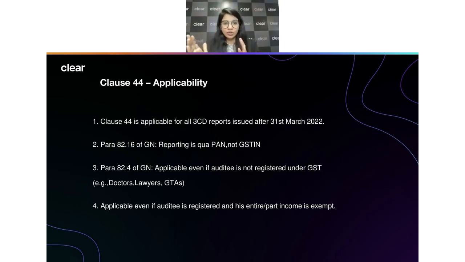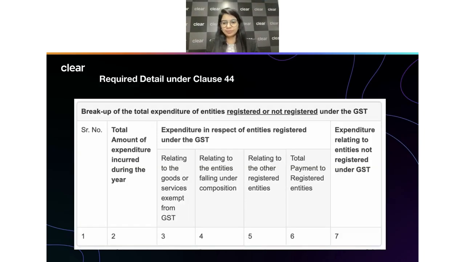So this person is not registered under GST, but assuming tax audit is applicable to this doctor, clause 44 has to be filled in by the auditor, right? So this was another important point to understand. We don't have to worry about whether the auditee is registered under GST or not. We still have to report this information in clause 44 of Form 3CD.